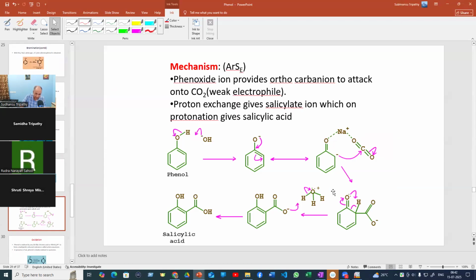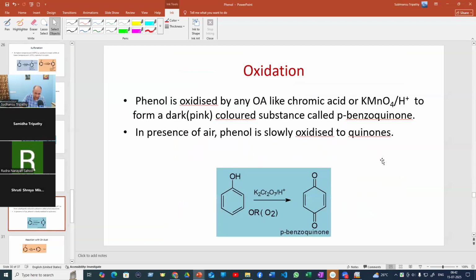And this acts as a nucleophile. This is electrophilic substitution, just like we were doing nitration and sulfonation. Here the electrophile is neutral CO2. It attacks here and one of the bonds becomes polarized to O minus. Then proton transfer brings about aromatization. Then acidification will make it salicylic acid. This is a very simple mechanism.